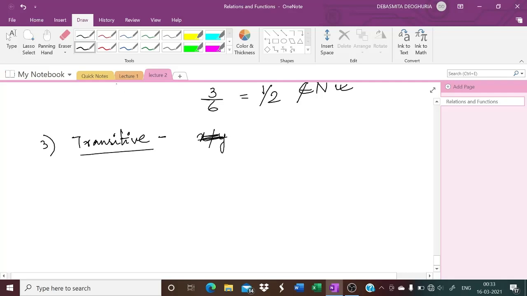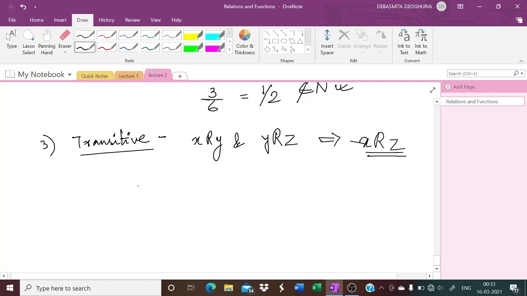Now first, what is a transitive relation? How is a relation transitive? If x is related to y and y is related to z, then x must be related to z. Only then your relation would be transitive.